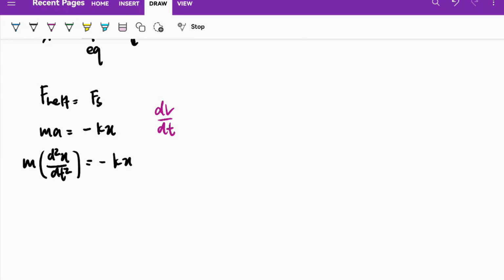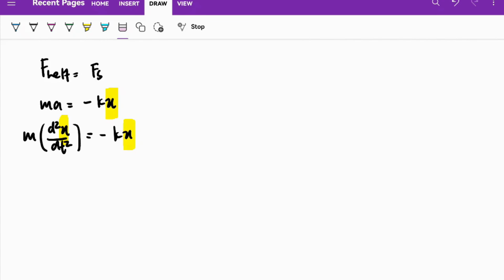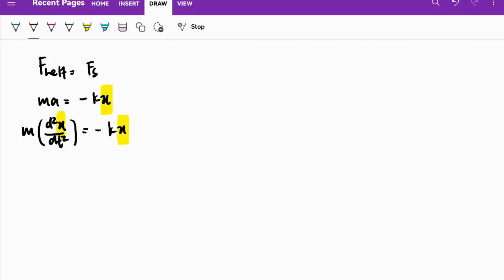Because we have x here, so I'm trying to match the variable. That is why I choose d2x over dt squared. Now let's rearrange this equation a little bit. So m d2x over dt squared, we bring everything to the left hand side, plus kx equals 0.